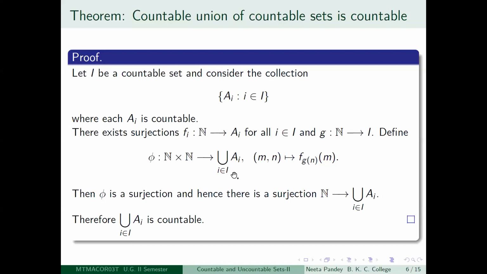So suppose I take some little a in the union of the Ai's, then that little a is in the union, meaning that there will be at least one i. See, there is no question of these Ai's being disjoint or anything. So it could be in several of them. So at least there is one little i such that little a will belong to capital Ai.